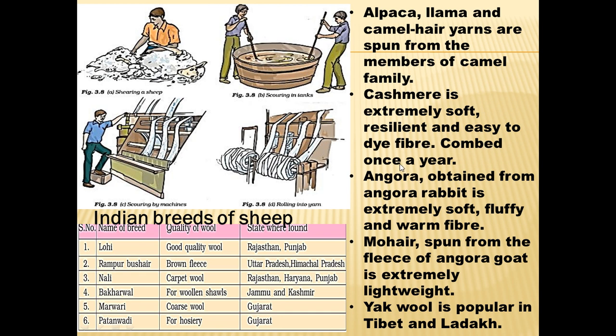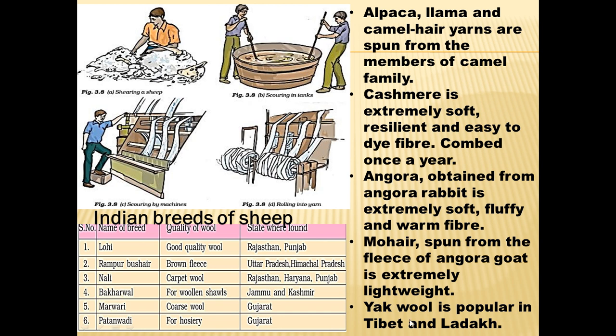Angora is obtained from the Angora rabbit and is an extremely soft, fluffy and warm fiber. Mohair, spun from the fleece of the Angora goat, is extremely lightweight. Please note that mohair is obtained from the Angora goat, but Angora is obtained from the Angora rabbit. Right? Yak wool is very popular in Tibet and Ladakh.